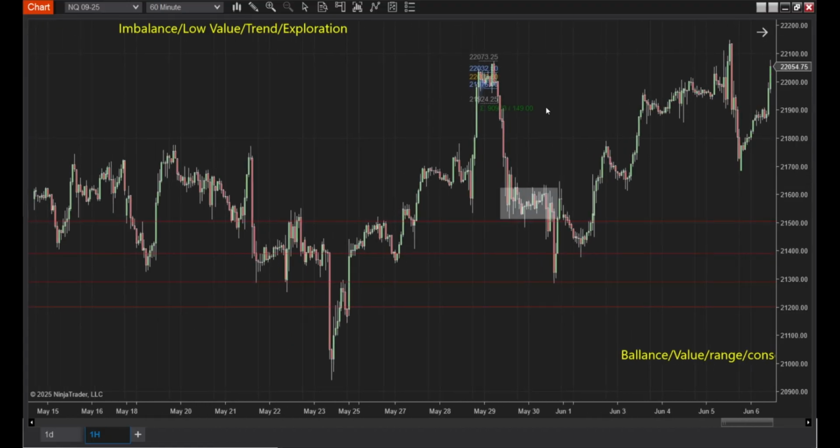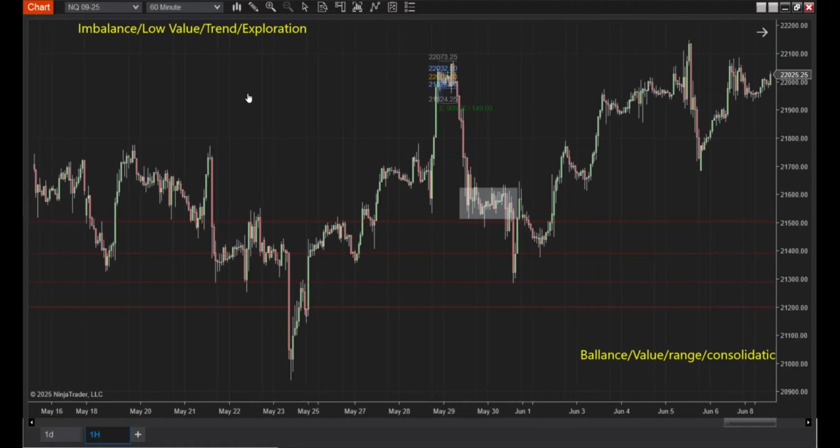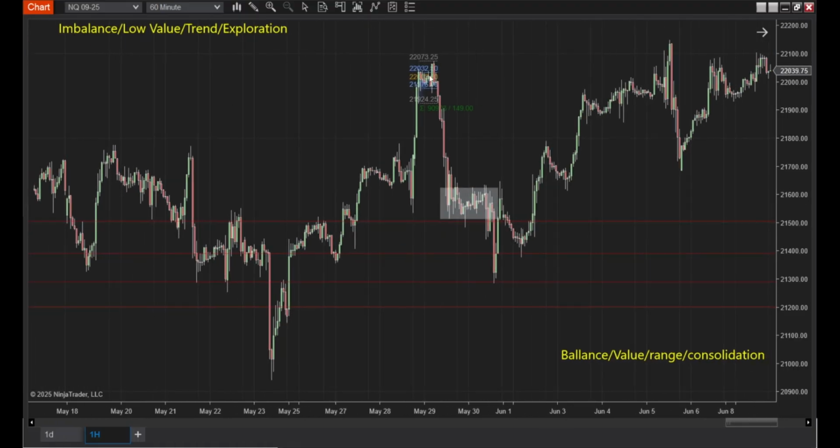We had our balance area, which is right there, which created a range. There was a nice value because it was nice and balanced, and that was just considered a consolidation. When it explores out, you have your exploration or a trend, which from a range, you get a trend.